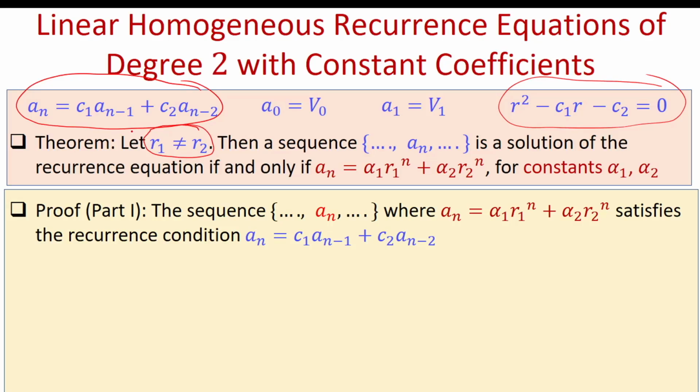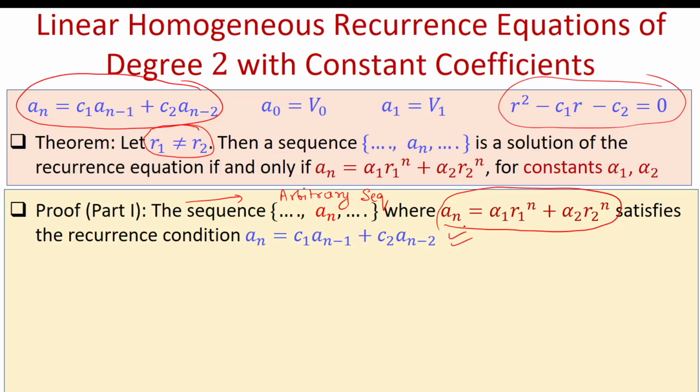And our goal is to prove that you take any arbitrary sequence whose nth term is of this form, some constant times r1 power n plus another constant times second root power n. Then indeed it satisfies the given recurrence condition.